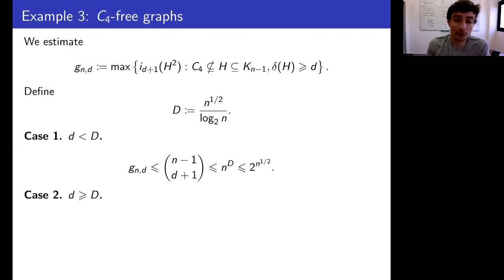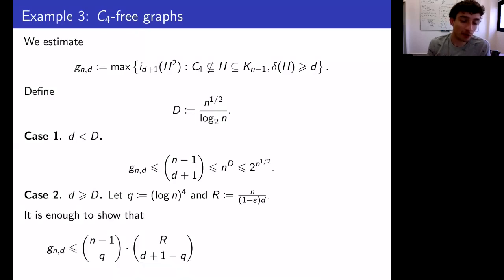Now, in the complementary case, where d is at least square root of n times log n, we're going to apply the lemma. And to apply the lemma, we let our parameter q be log n to the 4, and our parameter r be n over d.